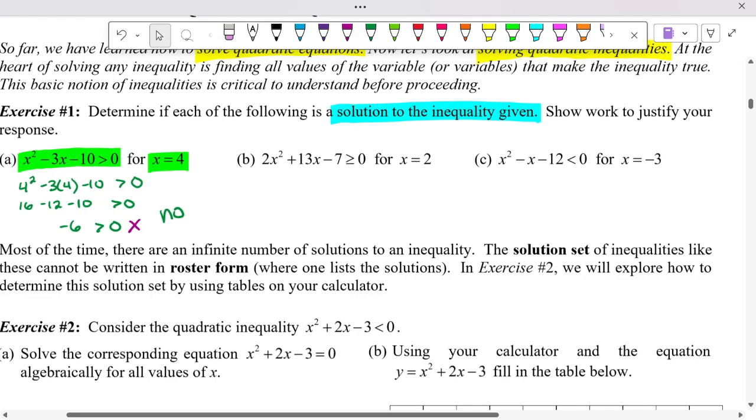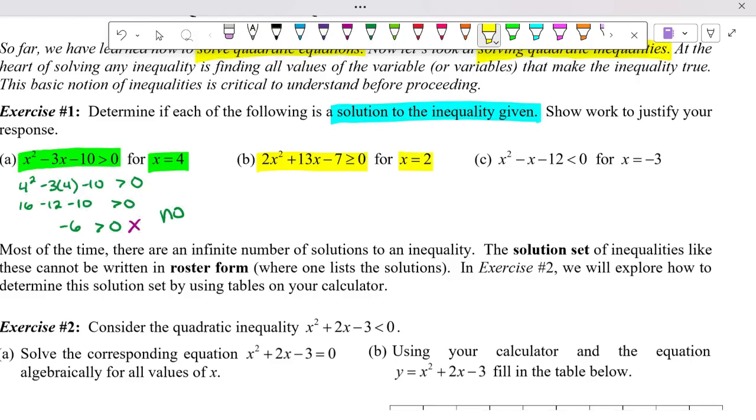All right, what about for letter B? Given this inequality, we want to see if x equals 2 works. So we're going to plug it in for x again. So 2 times 2 squared plus 13 times 2 minus 7. We want it to be greater than or equal to 0. So what's 2 squared?